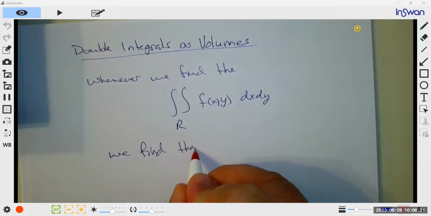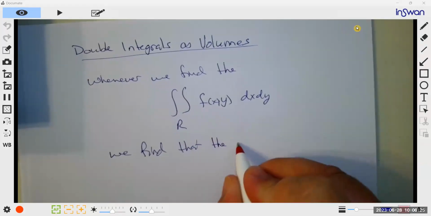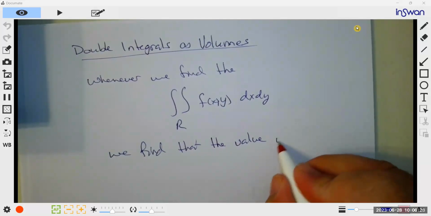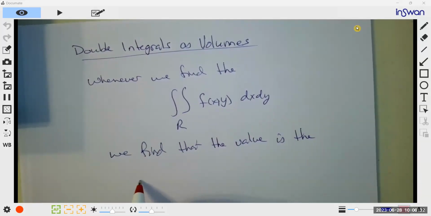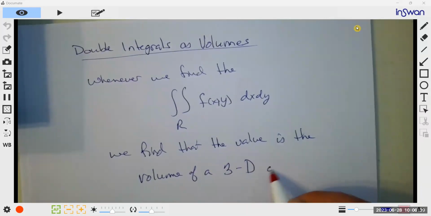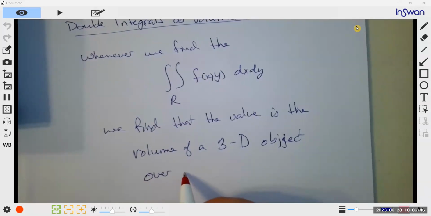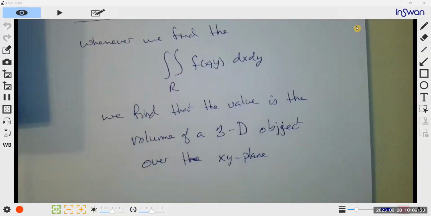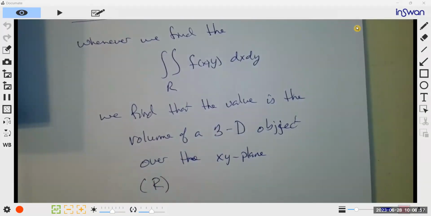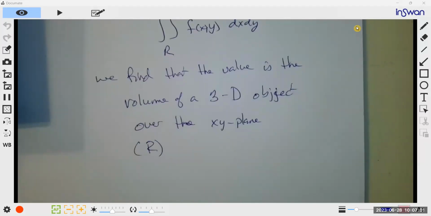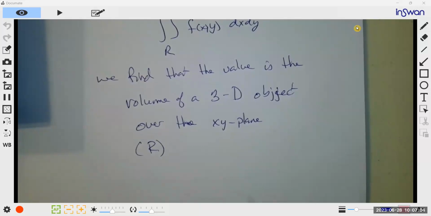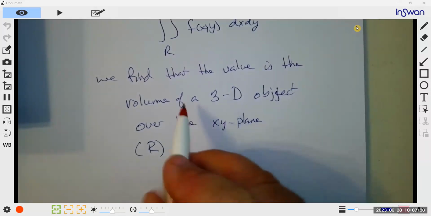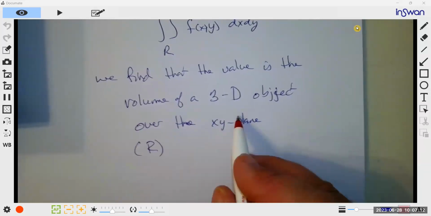We find that the value that we get represents or is the volume of a three-dimensional object over the xy plane. Of course, it's bounded by R.